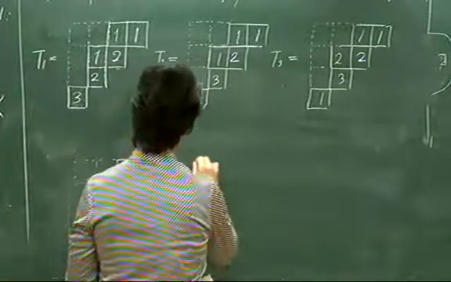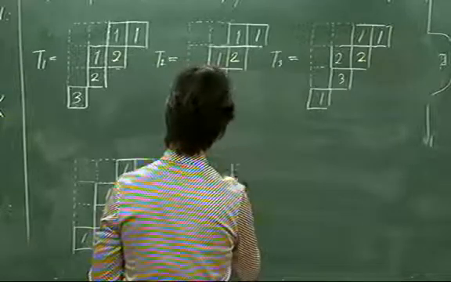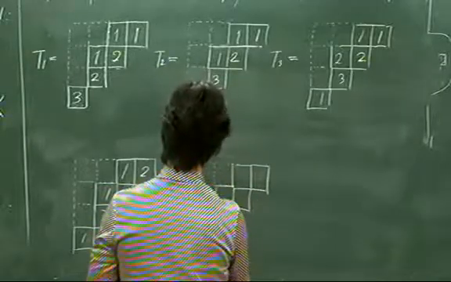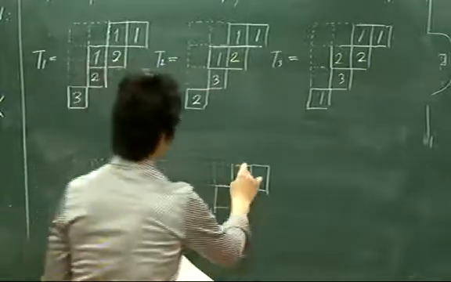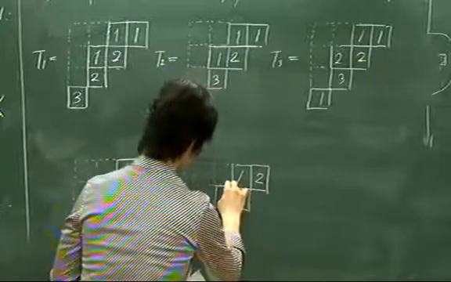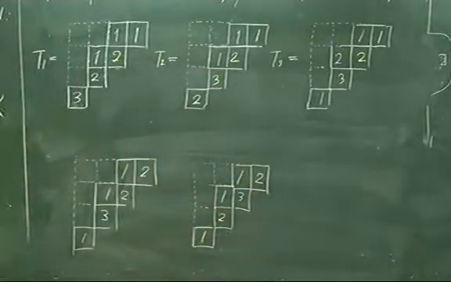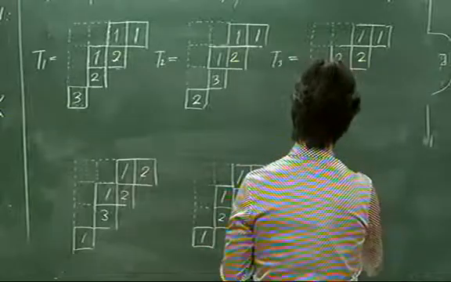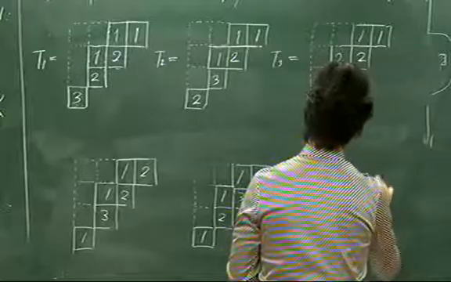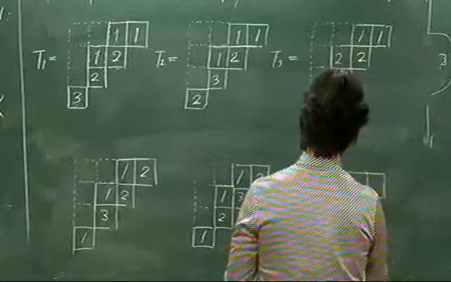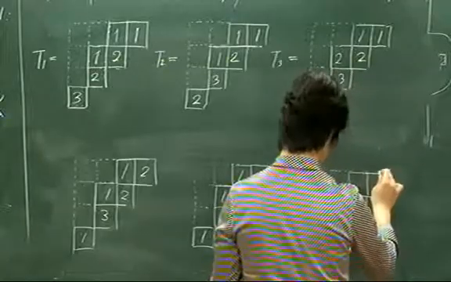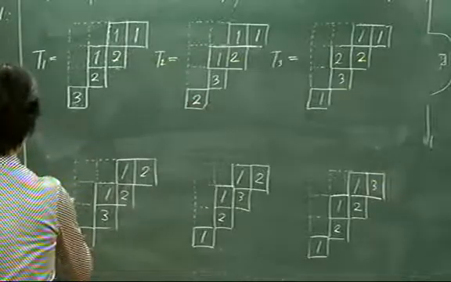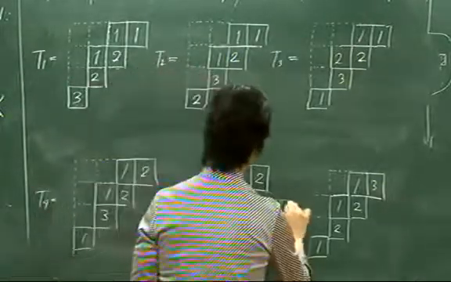And 1, 2, 3, 1, 2, 1. One more: 1, 3, 2, 1, 2, 1. So T4, T5, T6.